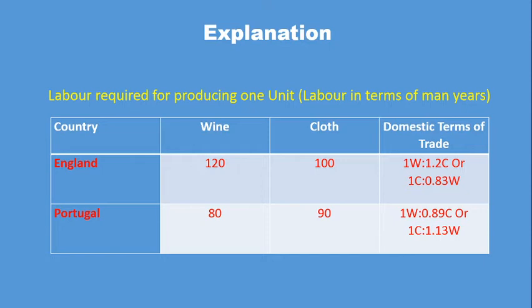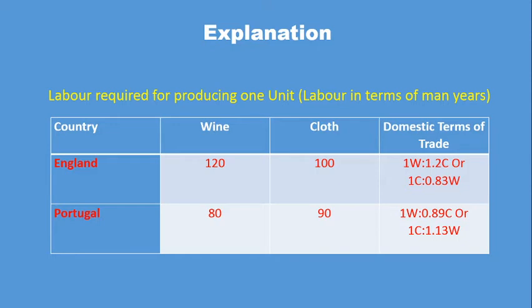The cost of 1 unit of wine is 80 men for a year in Portugal, whereas it is 120 men for a year in England. Similarly, the cost of 1 unit of cloth in Portugal is 90 men for a year, while in England it takes 100 men for a year of labor to produce the same amount of clothes.